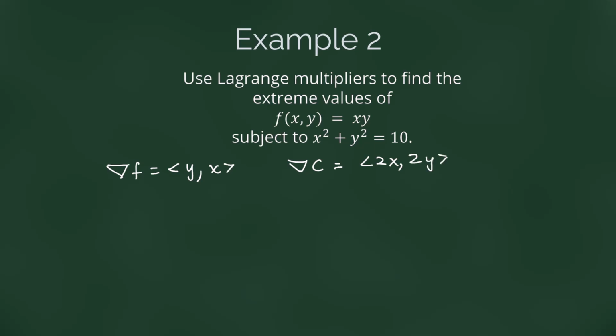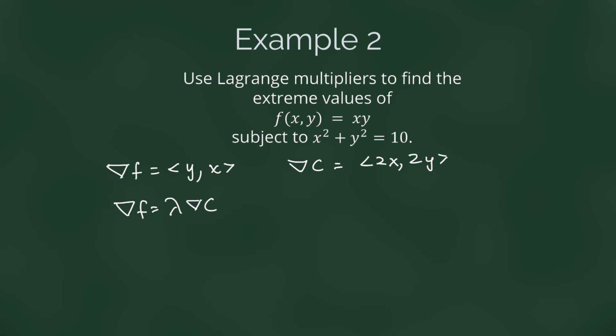2y. So again, we know that the relationship between those two is that the gradient of f has to be some number lambda times the gradient of the constraint.